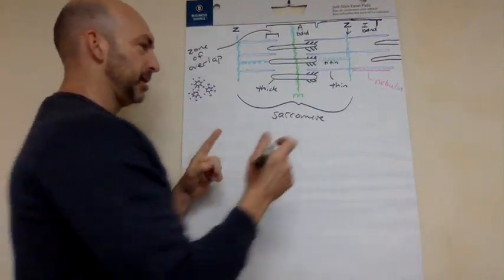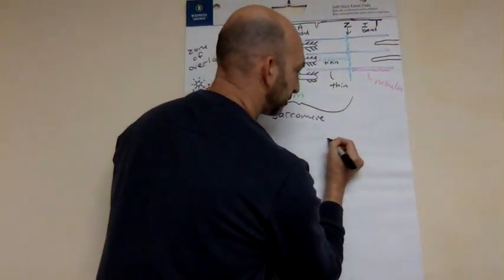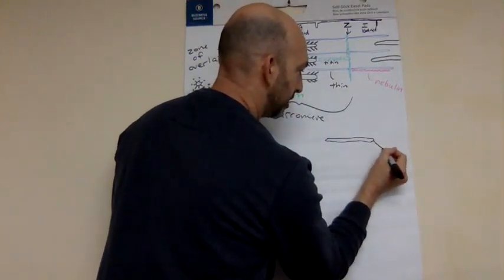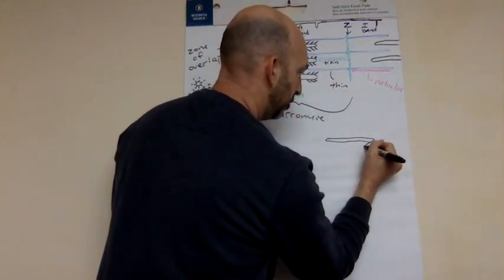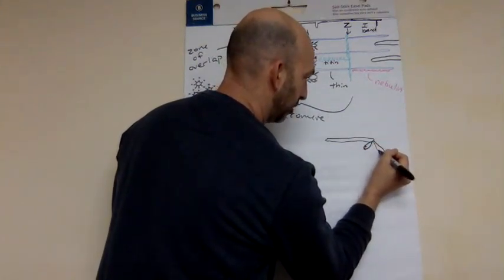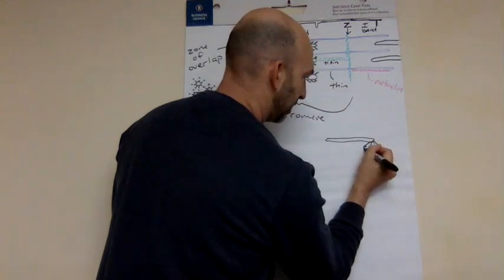An individual myosin monomer looks a bit like this. It's got this tail-like section, and then it has two heads that stick off of it, and they have special active sites.